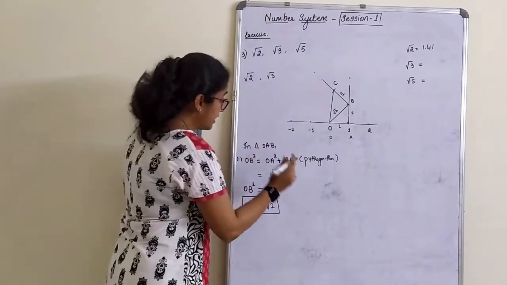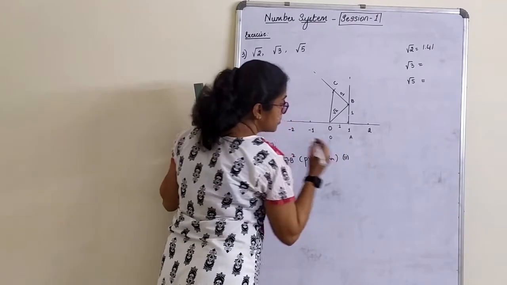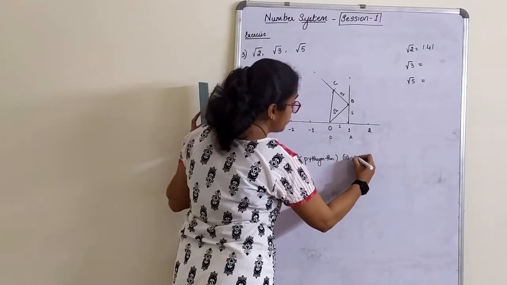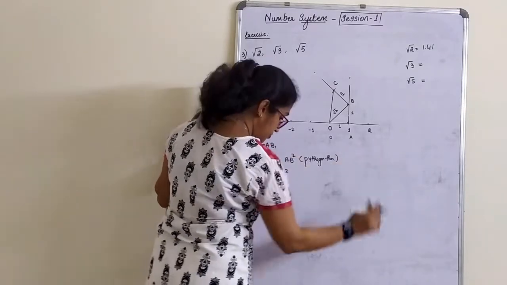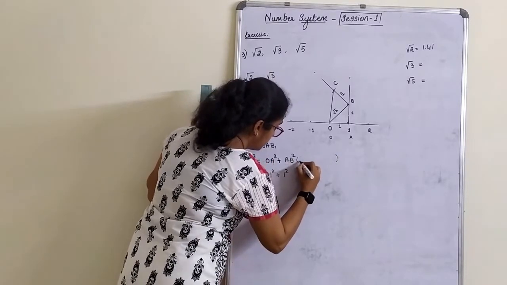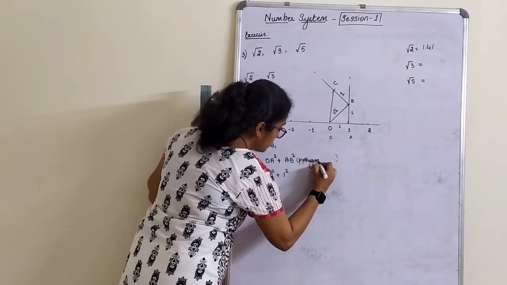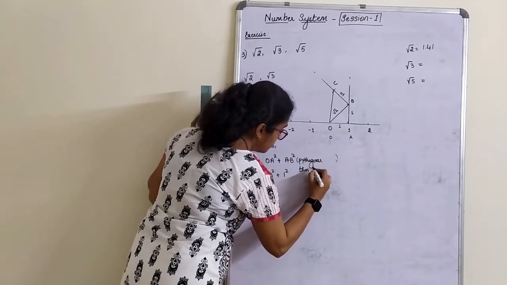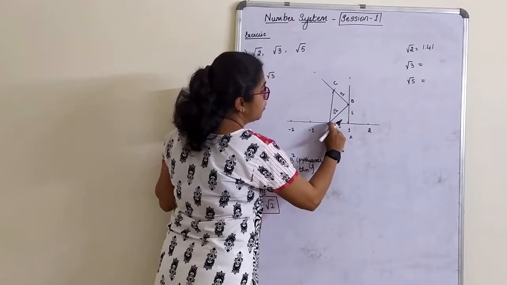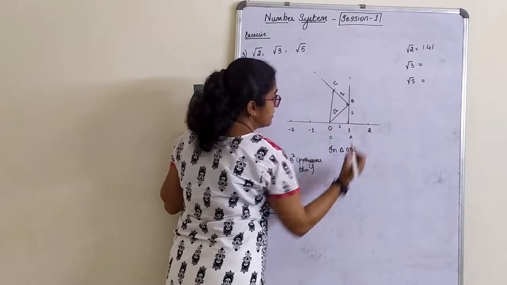Okay. Second part of calculation, what does it tell? In triangle OBC, we will write here the Pythagoras theorem. Angle B is 90 degrees here.